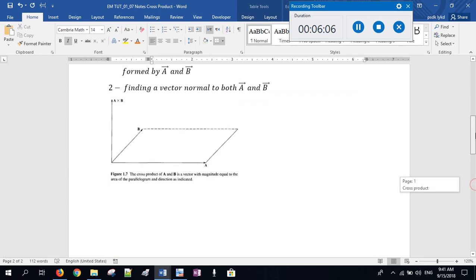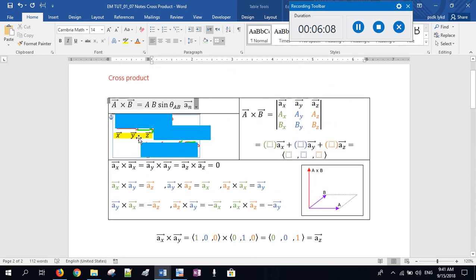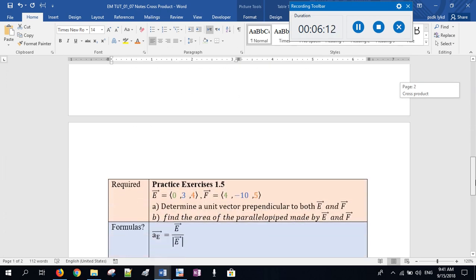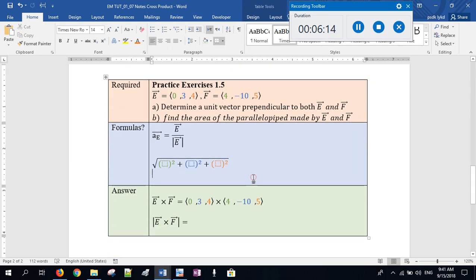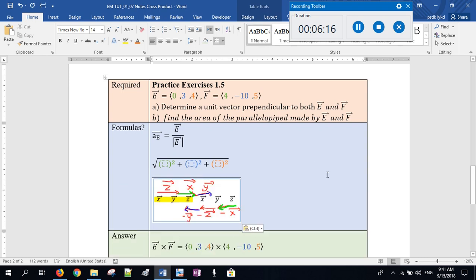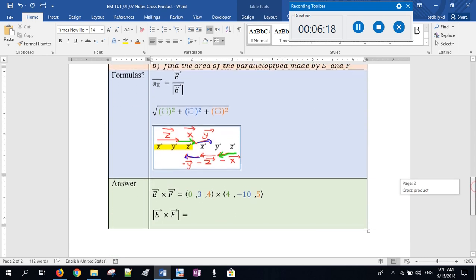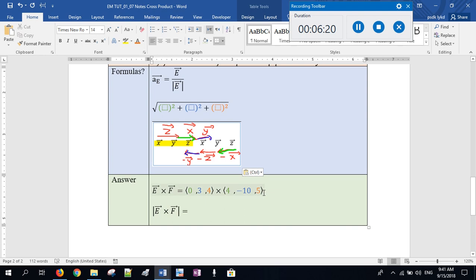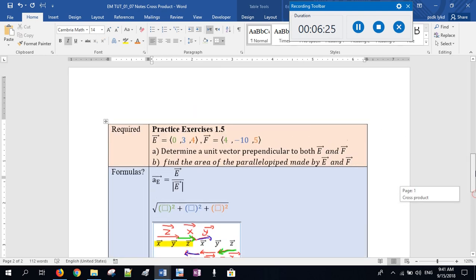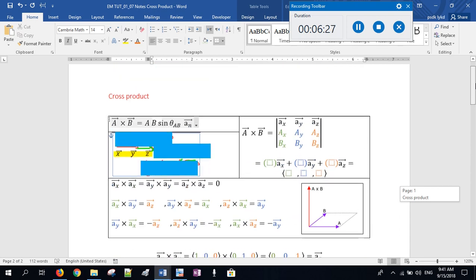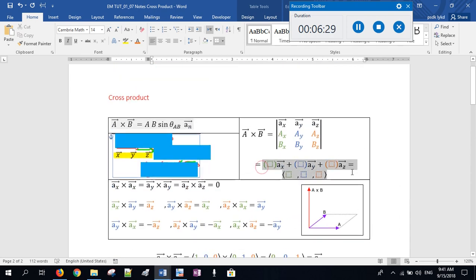Just let me take this figure. It will give us a vector here.